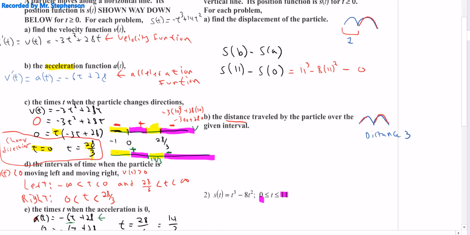And 11 to the third is a little bit hard to do, but it's not impossible. We know 11 squared is 121.